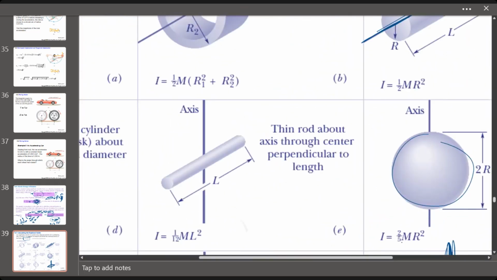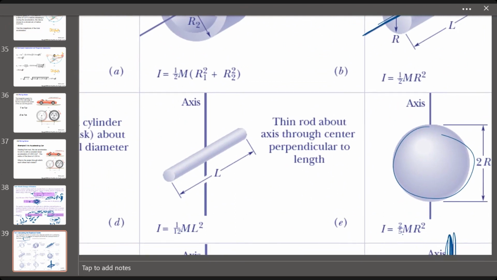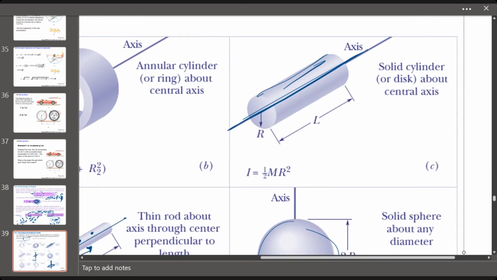And by the way, if the same rod is now rotating about an axis perpendicular to its axis, this is the rod axis. If the rod is now rotating like this, then the rotational inertia looks different. It's the same rod, same mass, same length, but the axis of rotation is different. Then the distribution of masses around the axis is different. Before, the axis was here, so the points were just around it here.